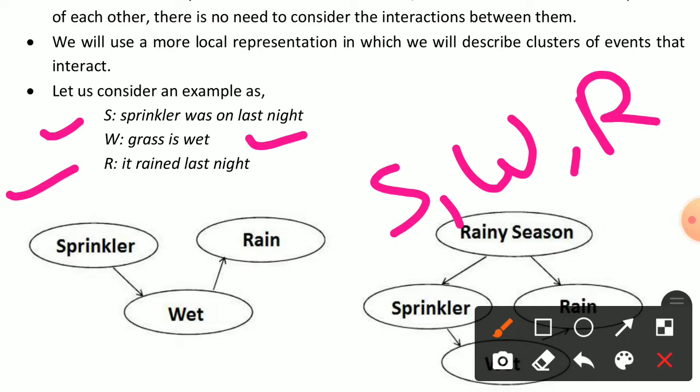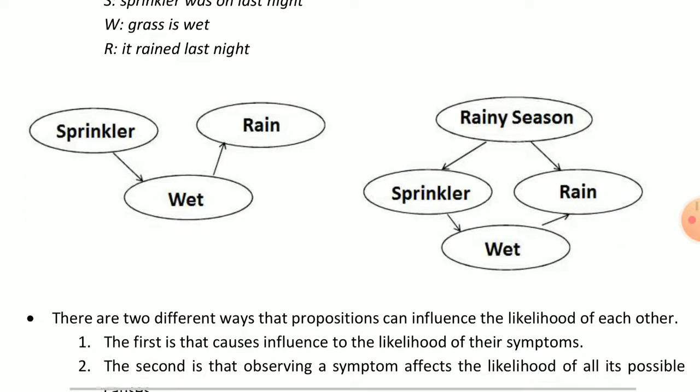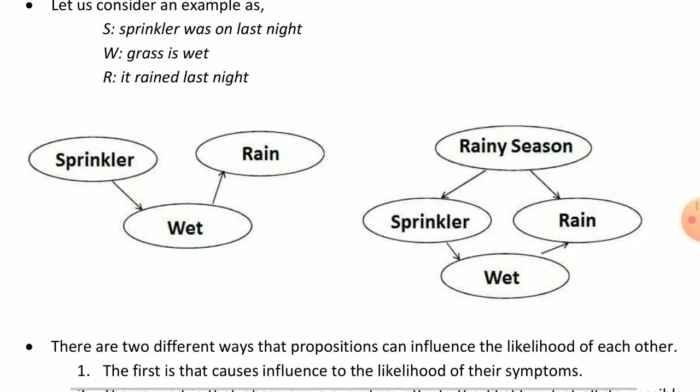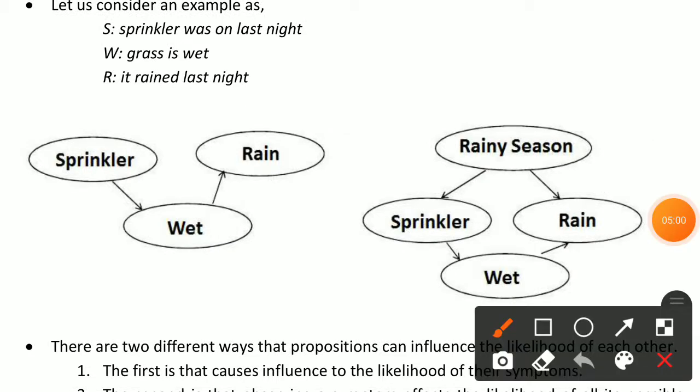Now we can consider the example. In the example, first we can take the sprinkler, then we can take the wet grass and then we can take the rain. And the second possibility is the rainy season.